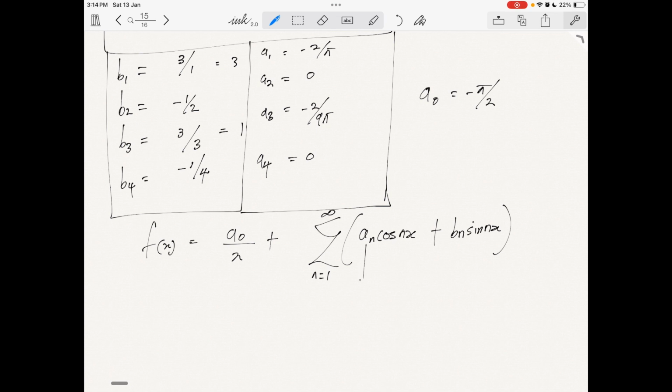And we know that an can span from a1, a2, a3, and a4. bn can also span from b1, b2, b3, and b4.